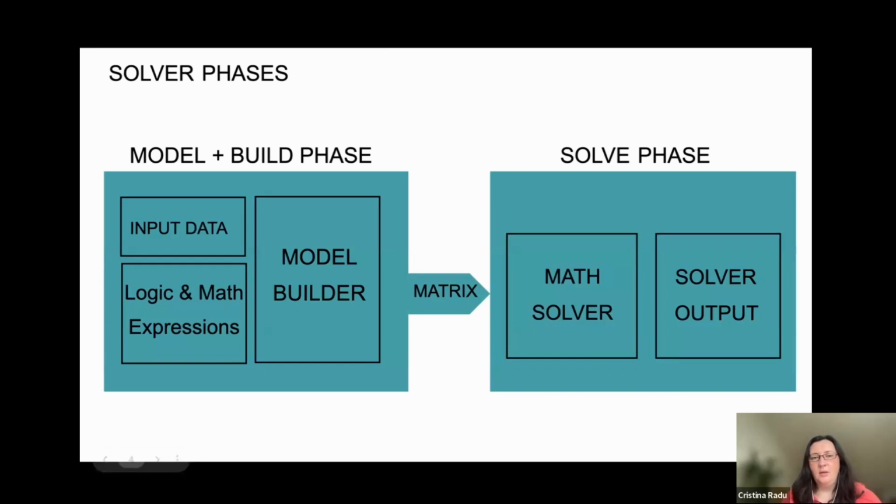And then this is picked up by a model builder, which transforms the model into a matrix. And this matrix reaches the mathematical solver, like Gurobi or HiGHS that we already mentioned. It solves, so that's the solve phase, and it sends back the output. So this is the structure of a solver in general.